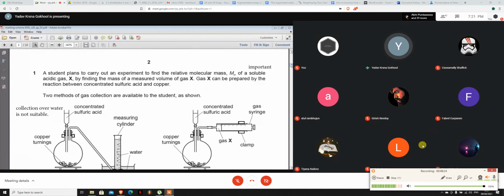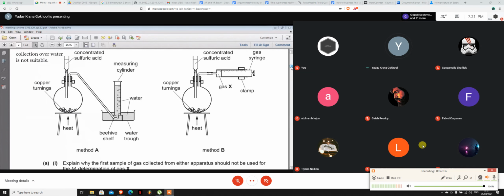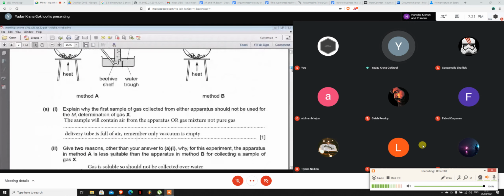Okay, we go a bit fast for the first question because it was quite simple. Over here, the word soluble was already present in the theory over here. So, sorry, method A is not proper, it has to be method B.